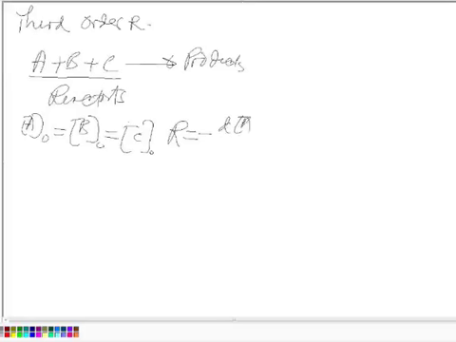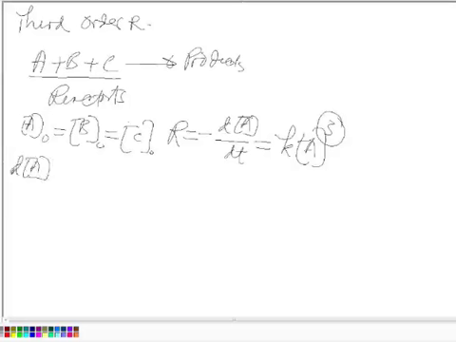So then the rate law of the reaction can be written as minus dA per dt is equal to k A to the power of 3. Okay? Then from this, we can calculate it. Have a look at this: dA per A cubed equals k dt.